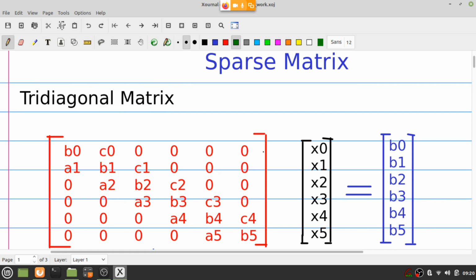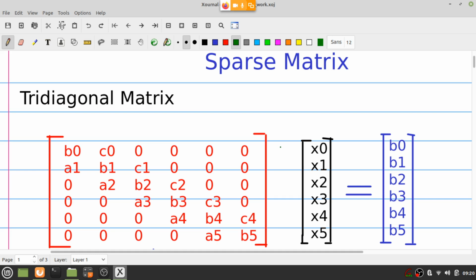I want all of you to write this code to solve the tridiagonal matrix without storing the off-diagonal elements, because as we go along we will be using this routine very extensively.